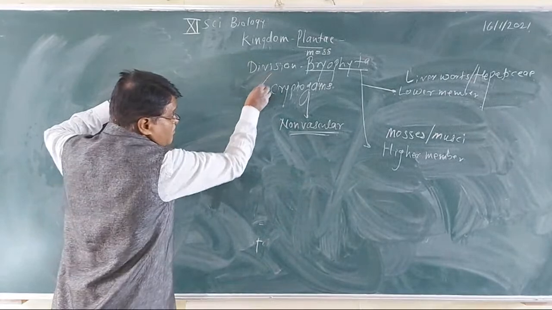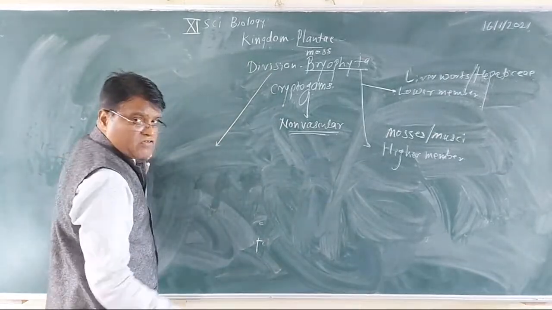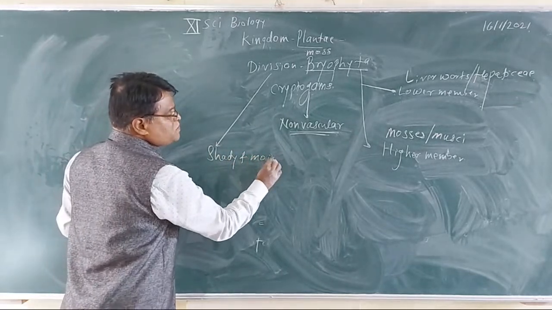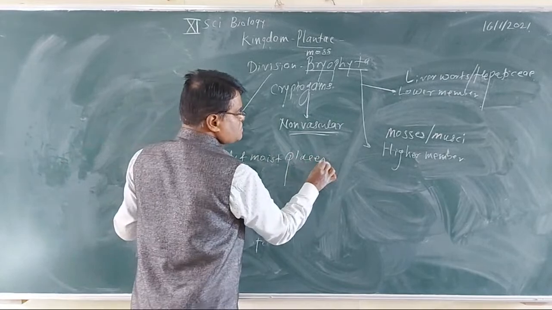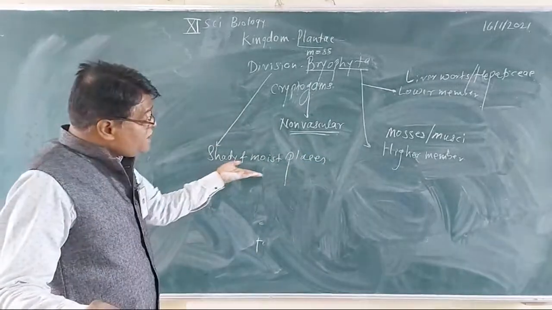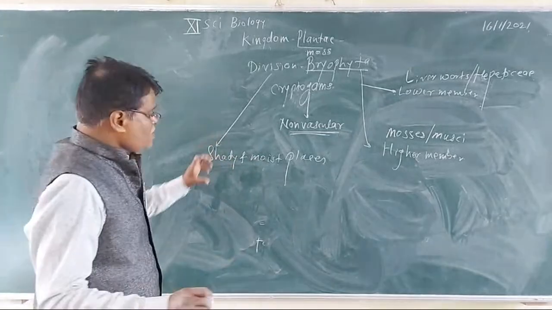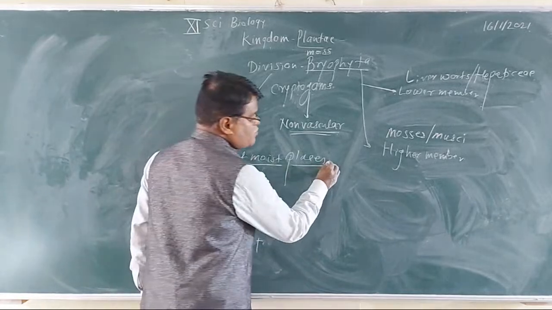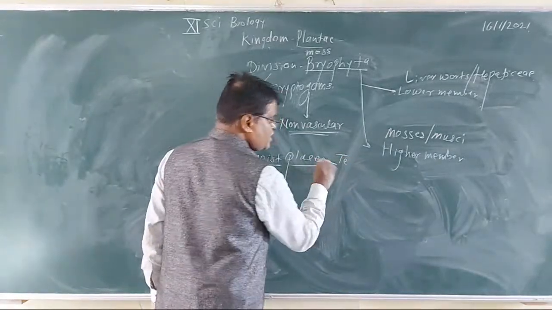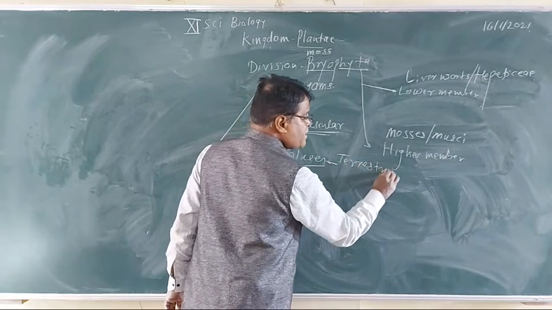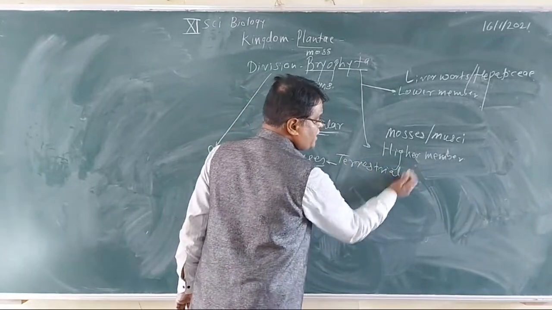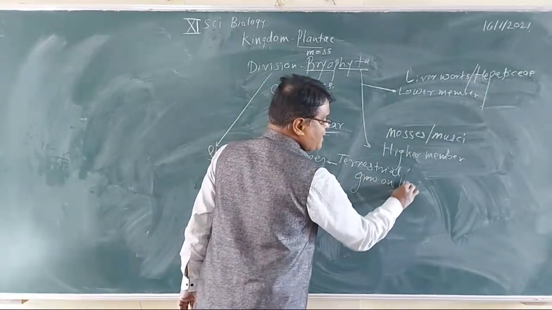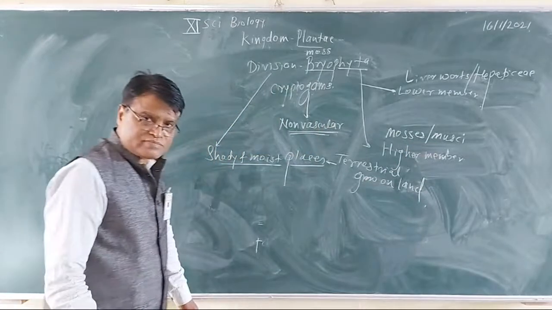Next, bryophytes are generally found in shady and moist places. The bryophytes are seen in shady and moist places. This means they are terrestrial plants. Terrestrial means they grow on land, isn't it?